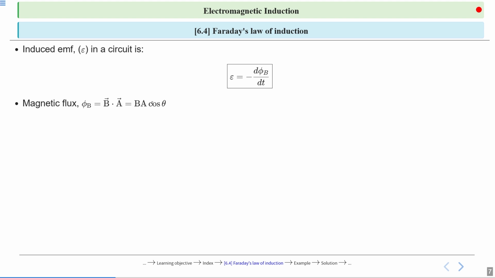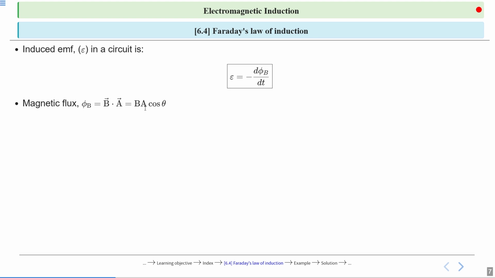Changing the area is not significantly possible because the coil has a fixed area. We cannot change it again. But we can change the magnetic field passing through the coil. We are also going to discuss motional EMF, which is based on changing the area.